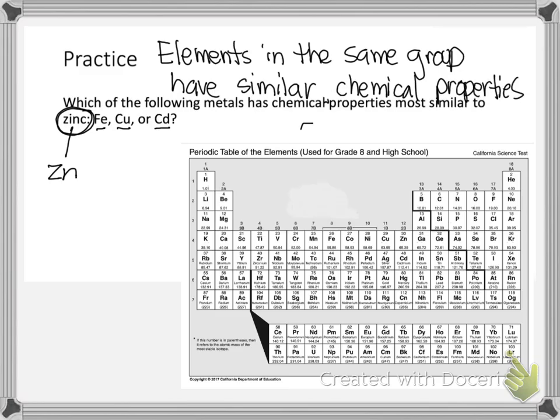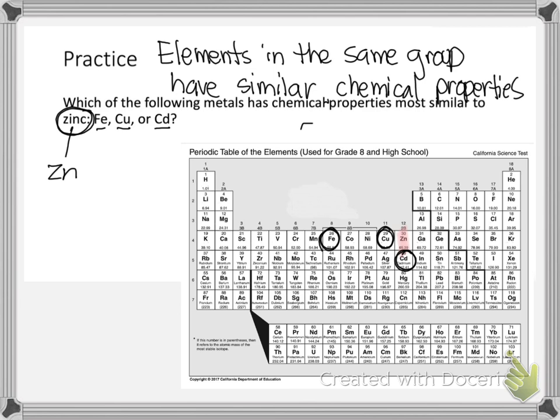That's what we know. So where's zinc? Here's zinc right here. Oop, I don't want to make it so dark because I can't see the zinc. There's zinc. Okay, where are the other elements? Iron, right here. Copper, right here. Cadmium, right here.